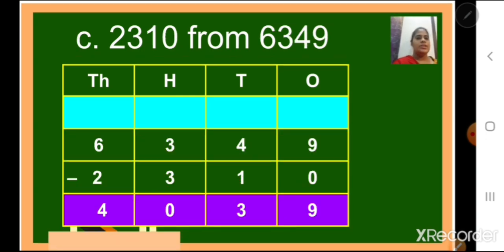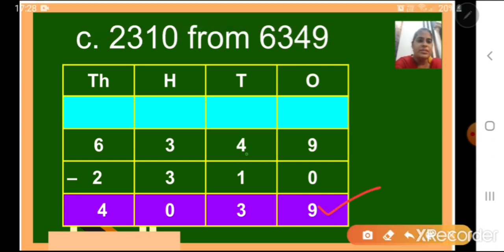The C question is 2,310 from 6,349. Children, here you can see there is no borrowing required. Let us subtract, children, from ones place. 9 minus 0 is 9.